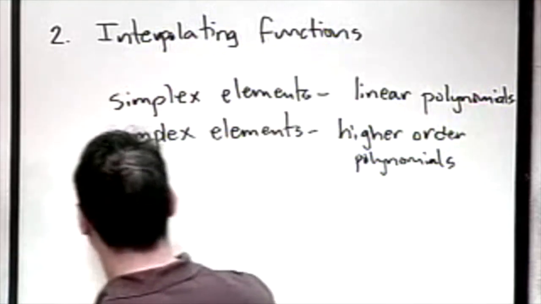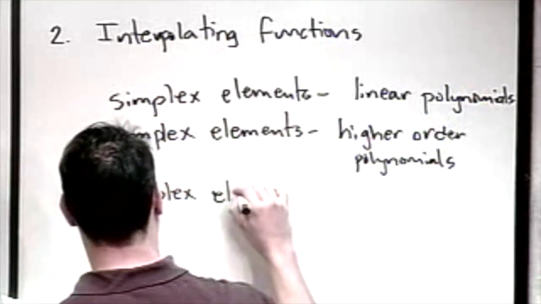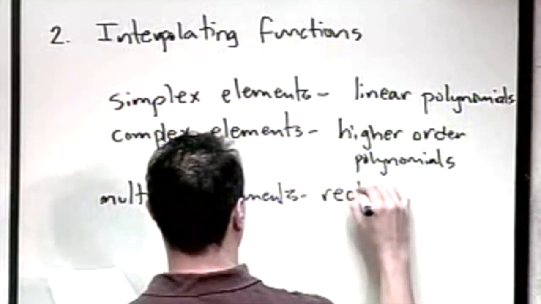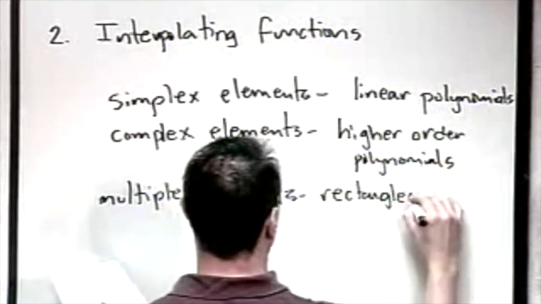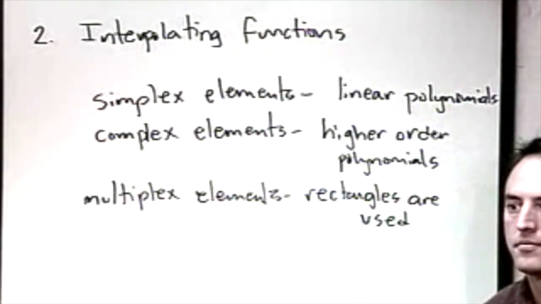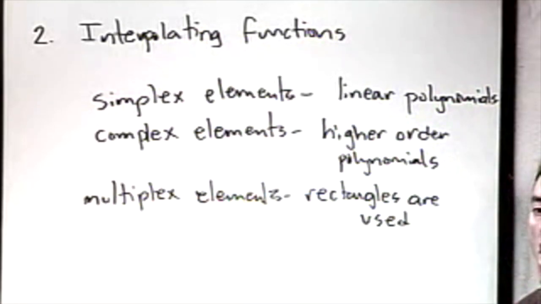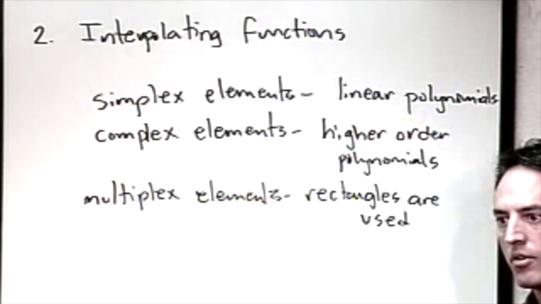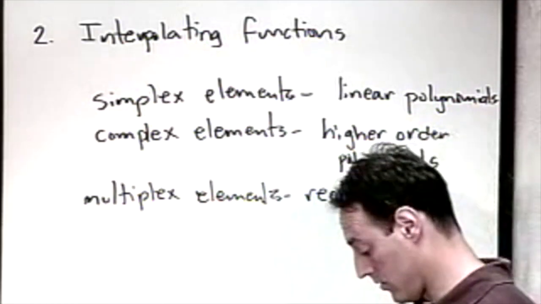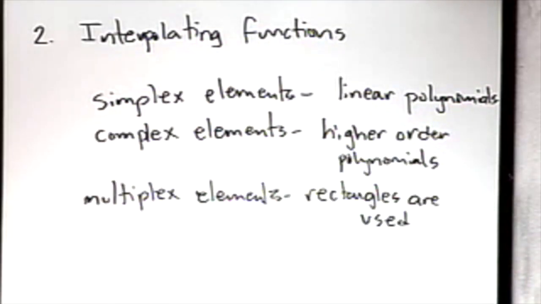And there's multiplex elements, where rectangles are used instead of triangles. So these are common names used for the possibilities you have for implementing it. And let's talk about what these things mean and how to implement them.